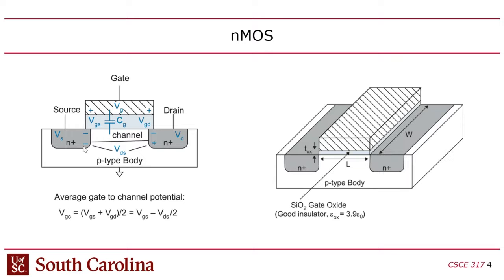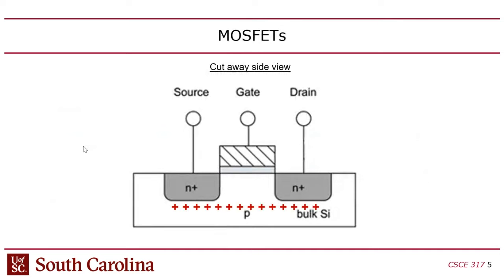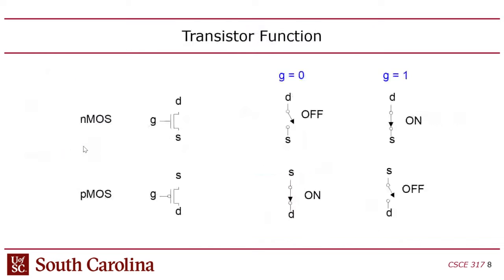That's kind of hard to remember, but one way to think of it is that the source terminal is the side that is closest to the power supply rail. So in the case of the pull-down network with the nMOSs, the source is going to be closer to ground. And in the case of the PMOSs, the source is going to be closer to VDD. Now, when I say closer, I know that's a little vague.